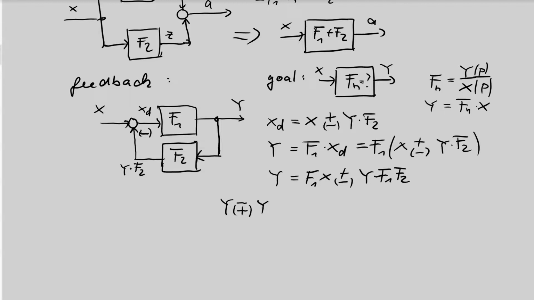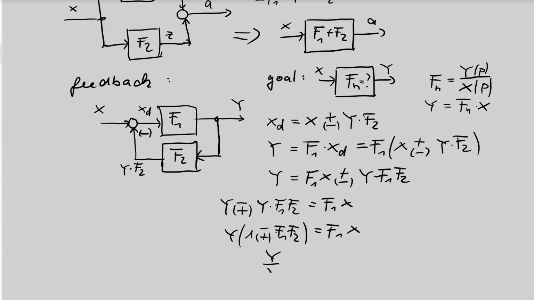Minus or plus y times f1 f2 is f1 x, or I extract the y signal here, y times 1 minus or plus f1 f2 is f1 x, and the final goal is y over x. Y over x is my searched function.